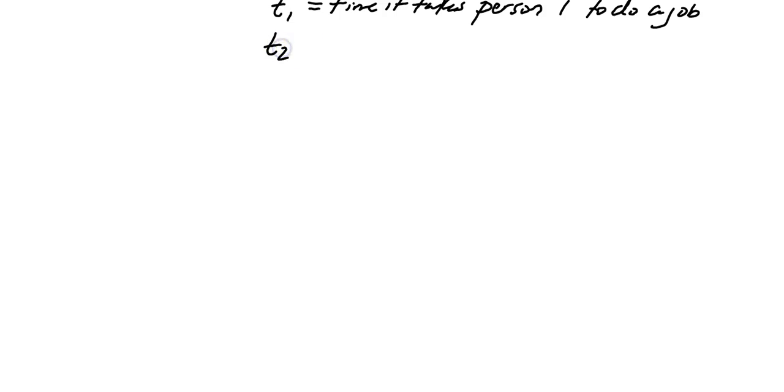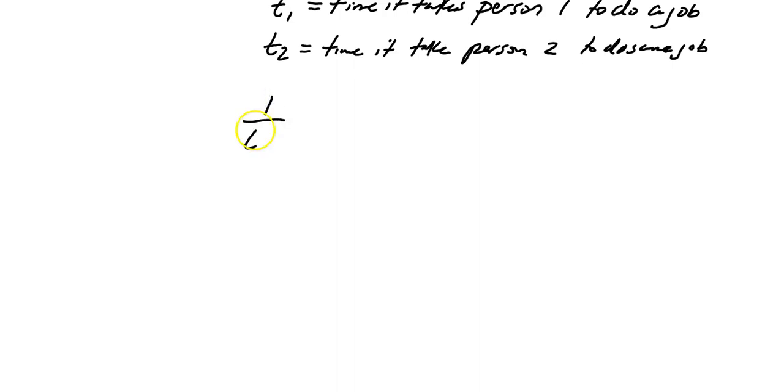And then T2 is the time it takes person two to do the same job. Here's the general equation of what it looks like. If you do 1 over T1 plus 1 over T2, you get 1 over T, and I'm going to call this T for together. This is how much they'll do it together. This equation works for all of these word problems like this.